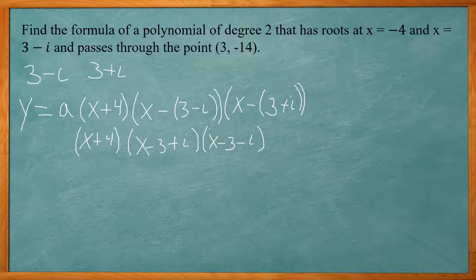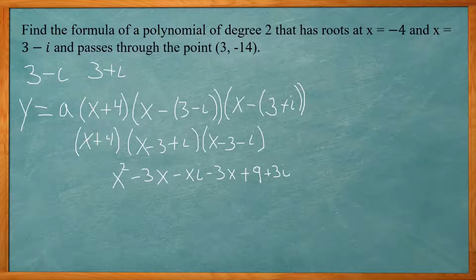So x times x is x squared. x times negative 3 is negative 3x. x times negative i is negative xi. And negative 3 times x is negative 3x. Negative 3 times negative 3 is positive 9. And negative 3 times negative i is plus 3i.